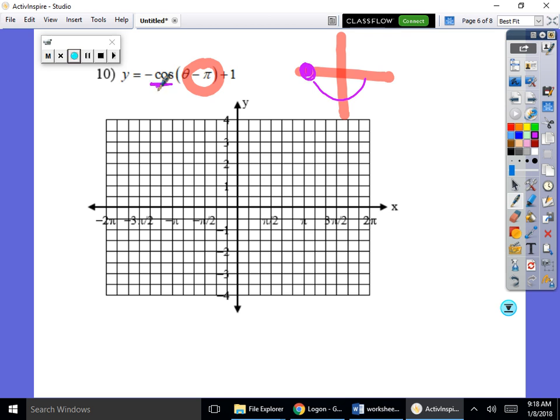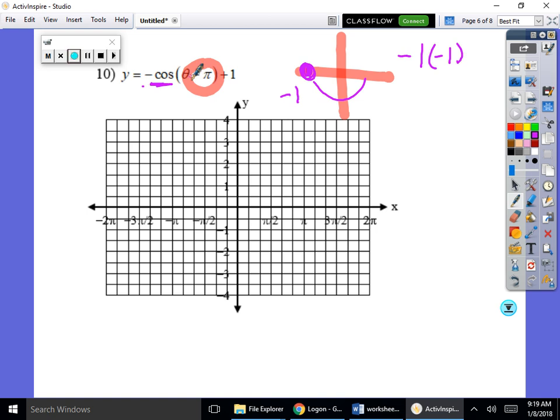It is asking for cosine. Is cosine x or y? X. So at this exact location, my x value is -1. So I'm going to do -1 times -1. Again, you could do this in your head, but I'm just showing all my work. This is -1 times the cosine of that location.